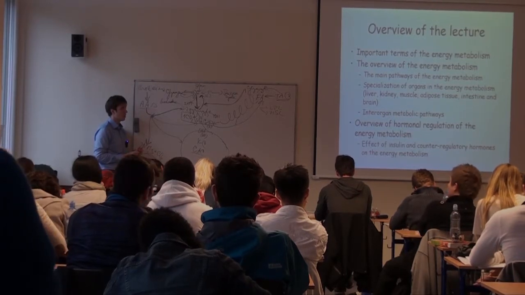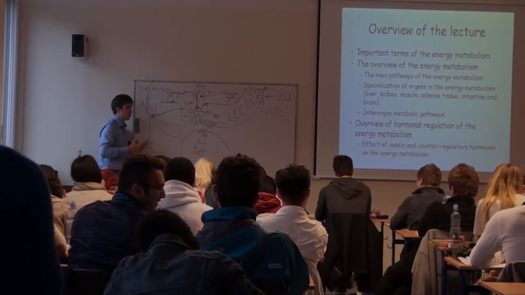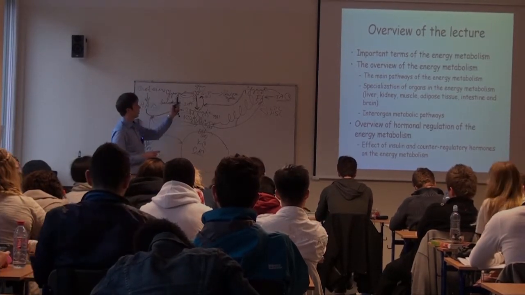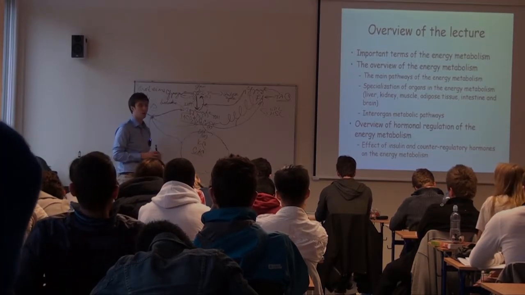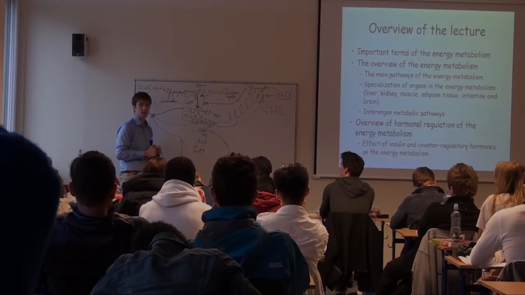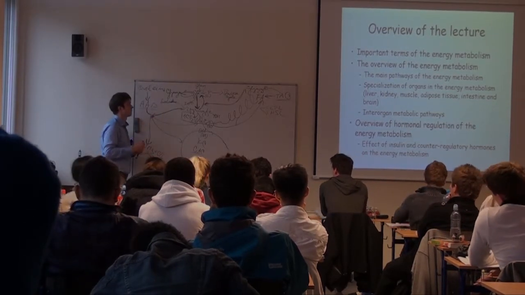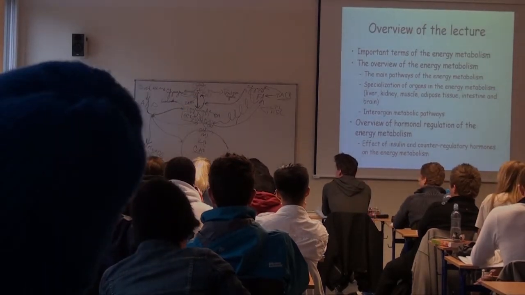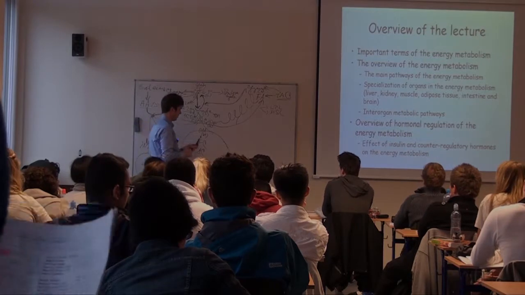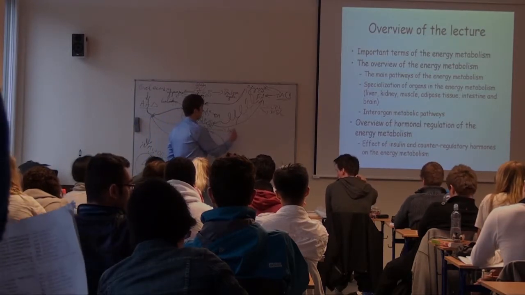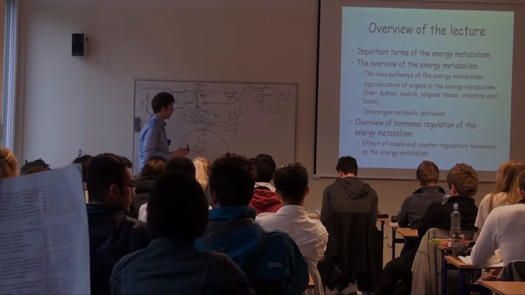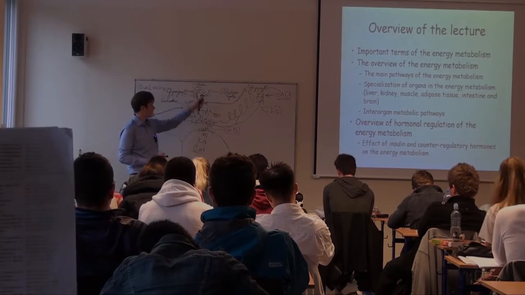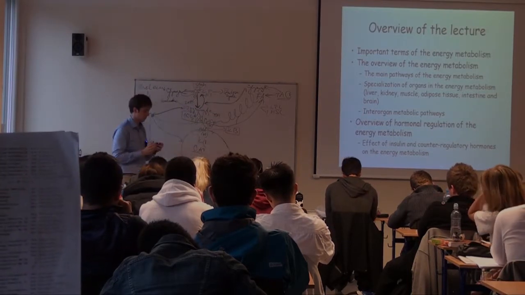So you know that the brain needs to have a lot of energy. What do you think is important for the brain? Which nutrient is important for the brain? This. And is there any other? Ketones. Then ketones. So those are here, ketone bodies. So for brain energy metabolism, we use these two compounds, glucose and ketone bodies.